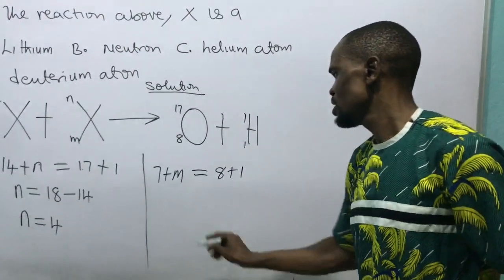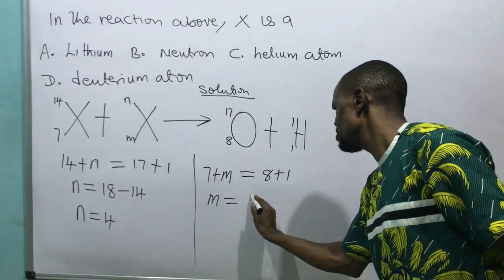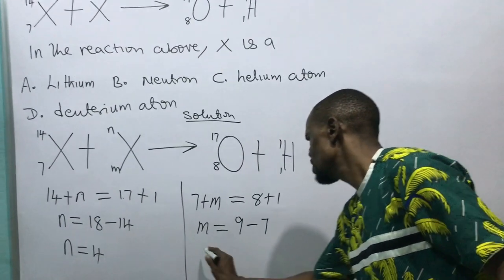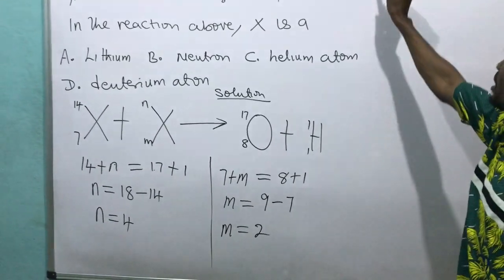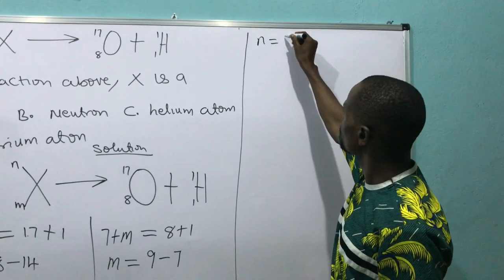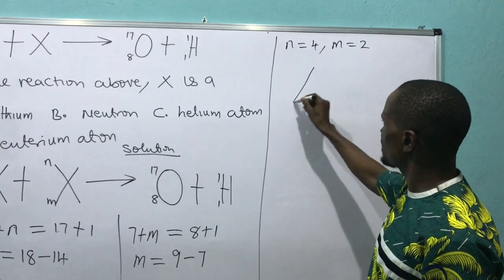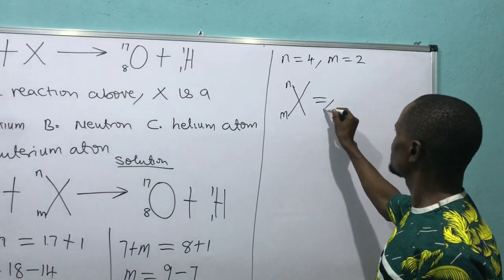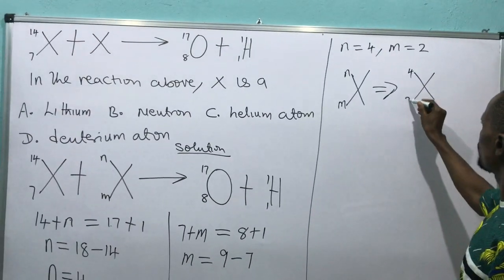That gives me M equals 8 plus 1, which is 9, minus 7, and I will say that M is equal to 2. So N is equal to 4, and M is equal to 2, and that means X is 4 and 2.